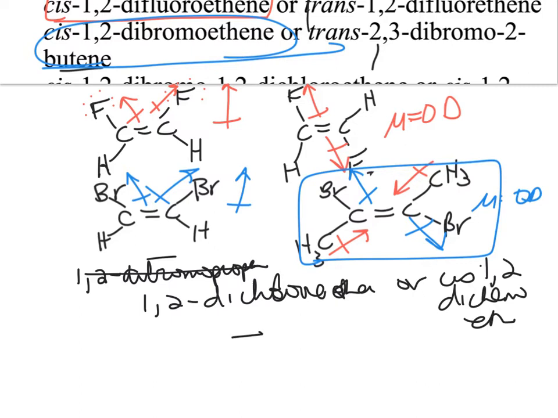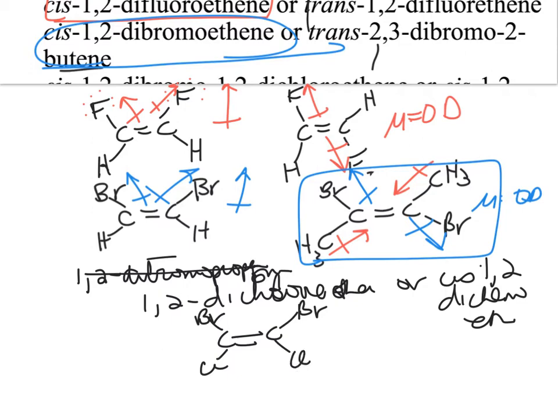So 1,2-dichloro. Oh, we have dibromo and dichloro. Dibromo, dichloroethene. So we have the bromo on the 1,2, and you have the chloro on the 1,2.